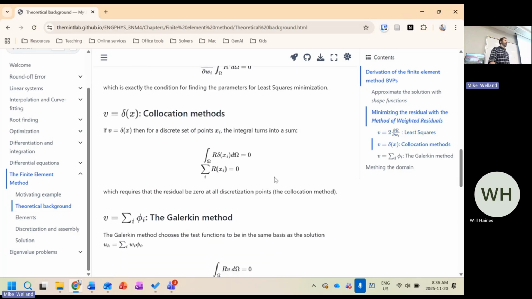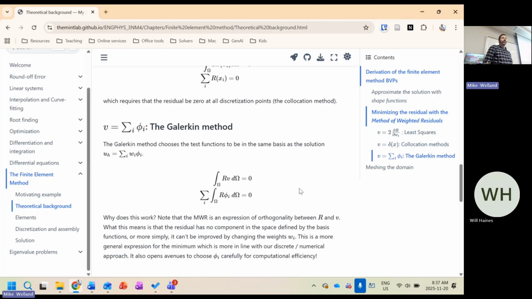Collocation scheme. This is actually solving your differential equation through interpolation, right? Now you've got your collocation points, and you just say v is your delta function, so it's only non-zero at particular points. When you minimize that, you have found your interpolated function that gives you your best answer.